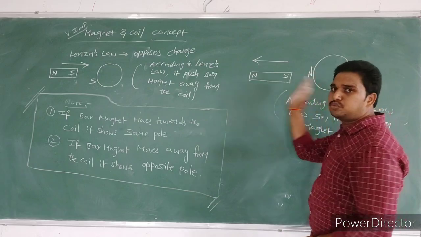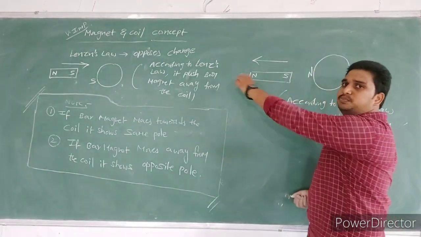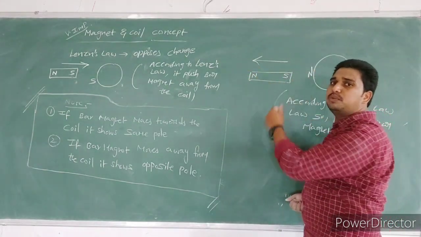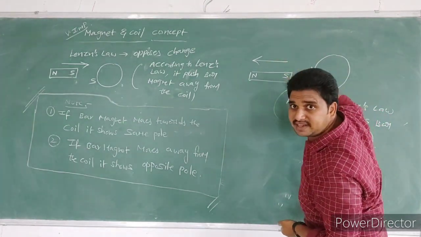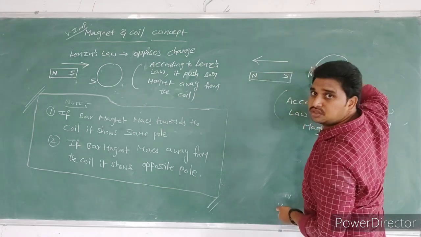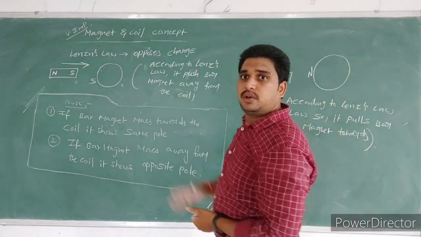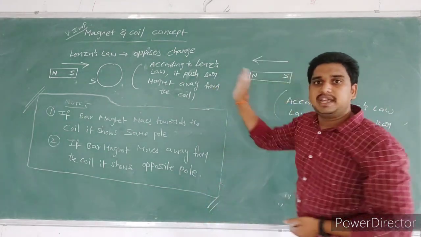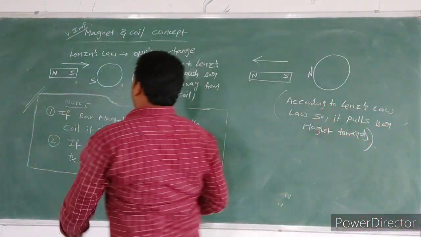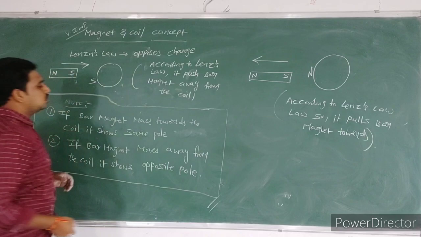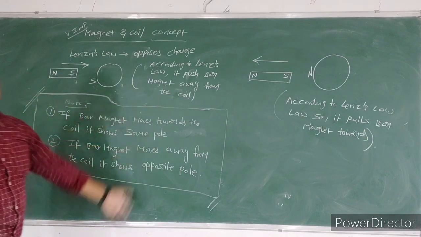The bar magnet tries to move away, but Lenz's law pulls this bar magnet towards. How will it pull towards? This is the south pole. If you take the opposite pole, then attraction will develop, then it will move towards. Okay? So if any bar magnet is moving away from the coil, it shows the opposite pole. If any bar magnet is moving towards the coil, it shows the same pole based upon Lenz's law.